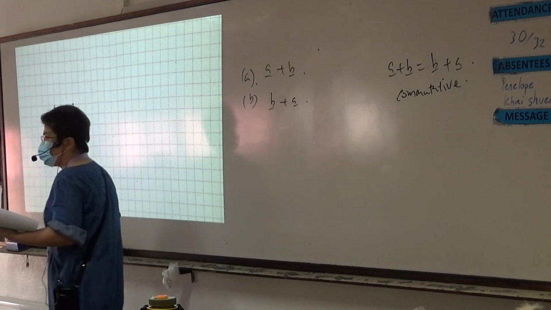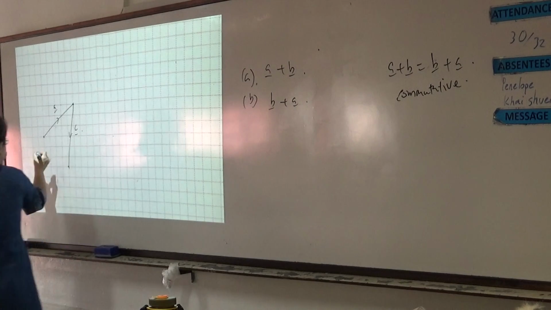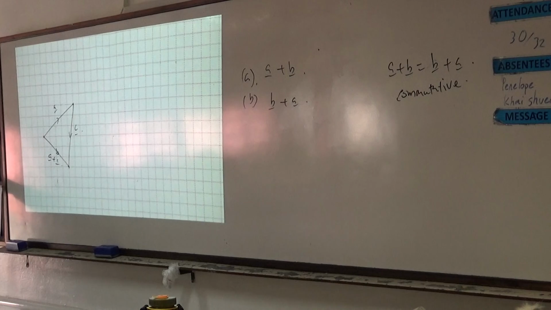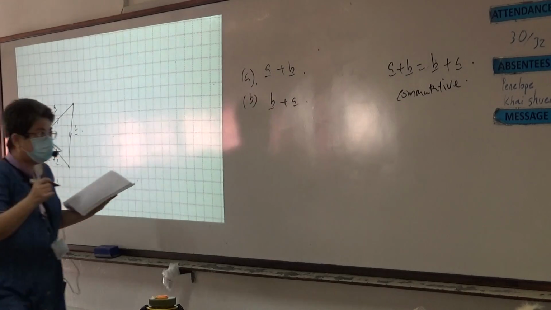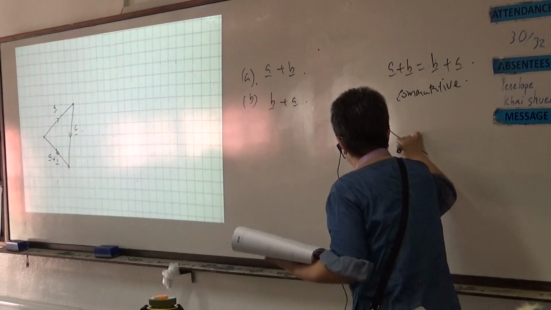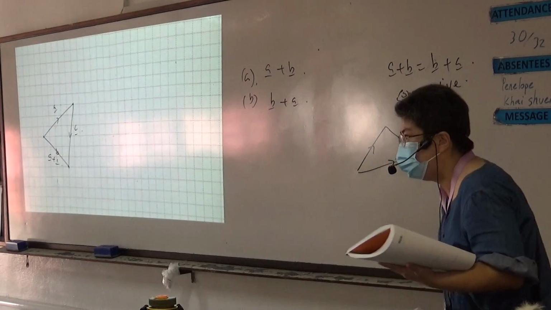This is your C here. Is this correct? So your A plus C must be this one. Agree? Yes or no? I repeat. For addition, it must be start, continue, then opposite direction. Everybody clear?